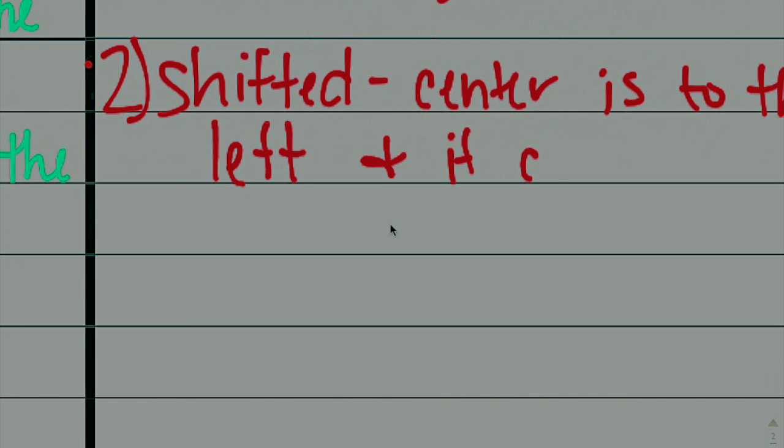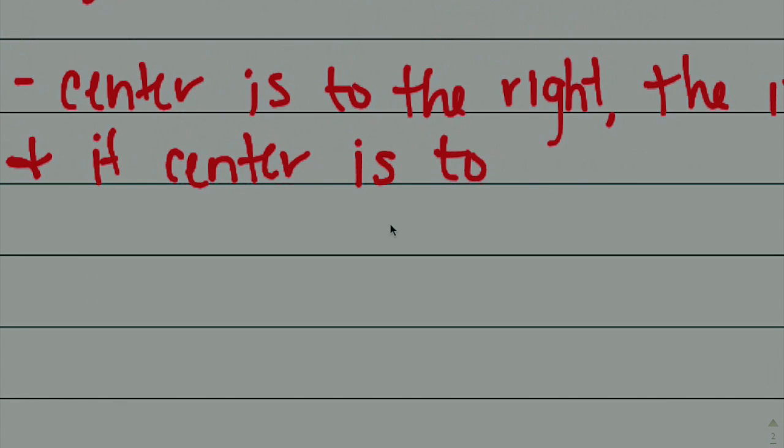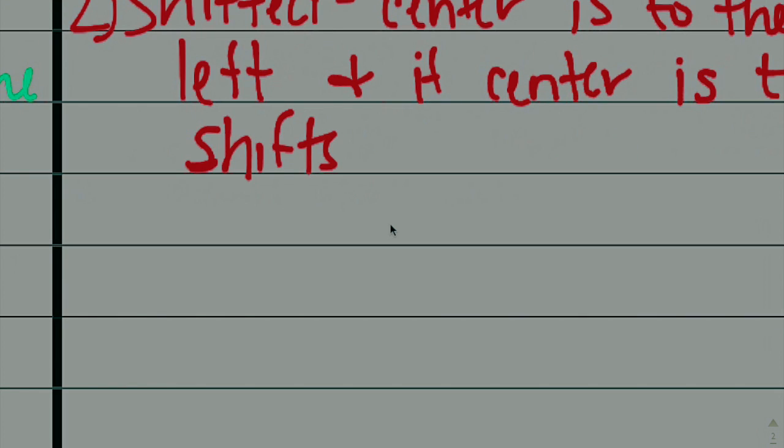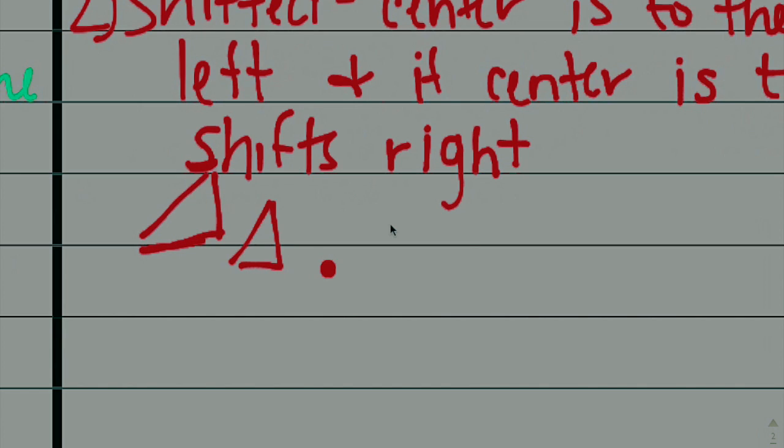And if the center is to the left, the image shifts right. So for example, our center's here. We're going to draw our pre-image over here. We take it by K factor. Our image then will go here, and you can draw your lines of dilation. Okay?